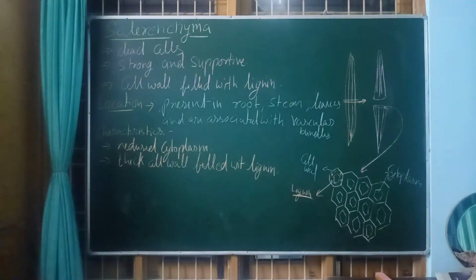Here you can see in the diagram the cell wall is filled with lignin, right? And the cytoplasm is reduced. And these are associated with vascular tissue, or you can say vascular bundles. Vascular bundles means xylem and phloem.